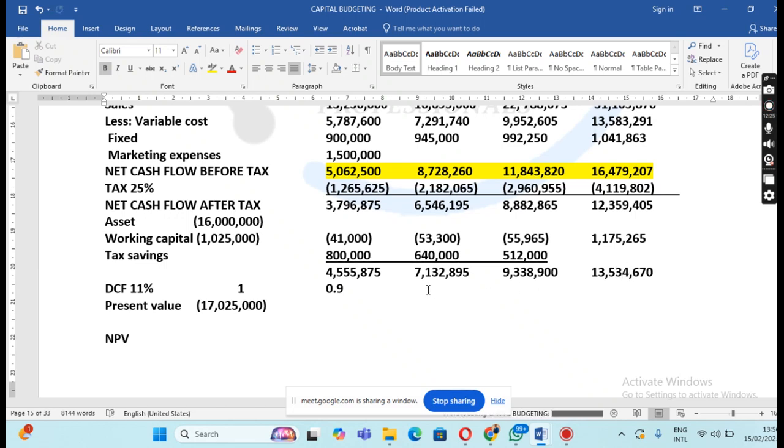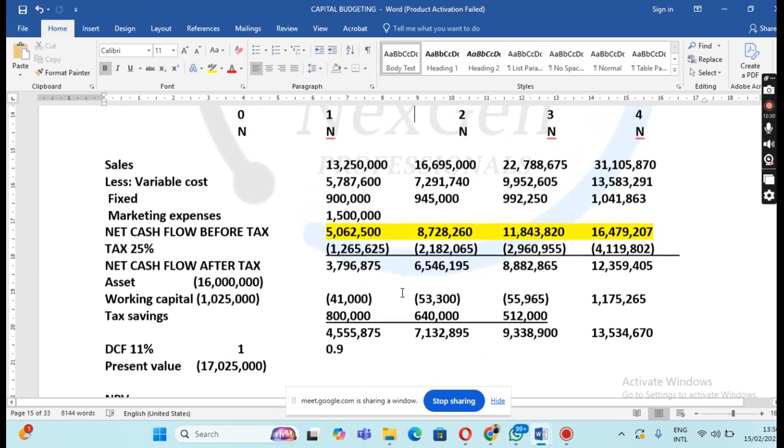So, okay, now you can do the DCF for this. Please, what is the DCF? Quickly.